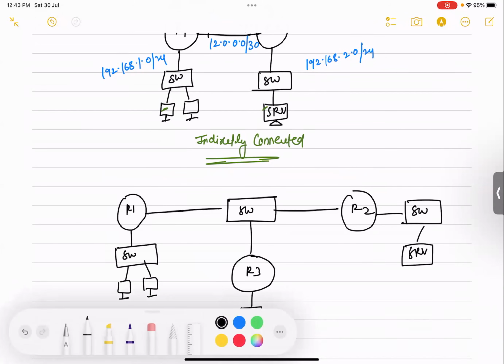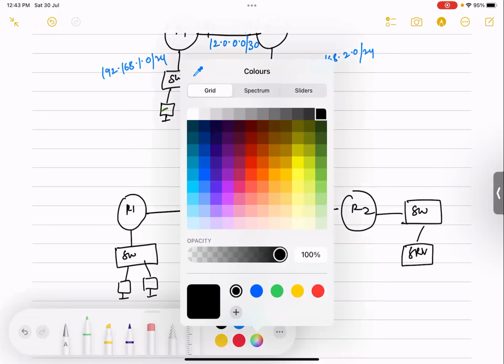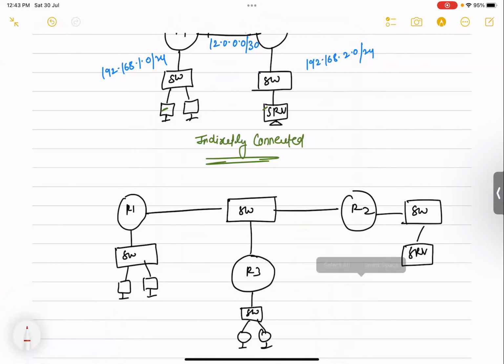Now task 3. In this case, we need to use a routing protocol. And this one is called indirectly connected again. Very good. But it's called P2M.